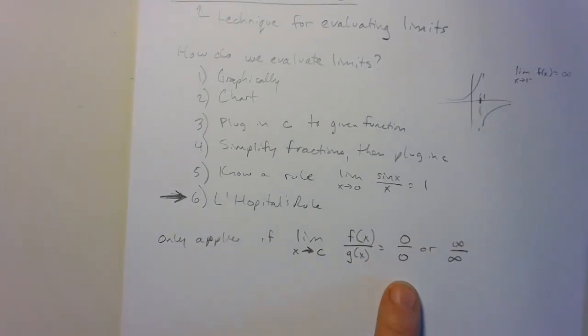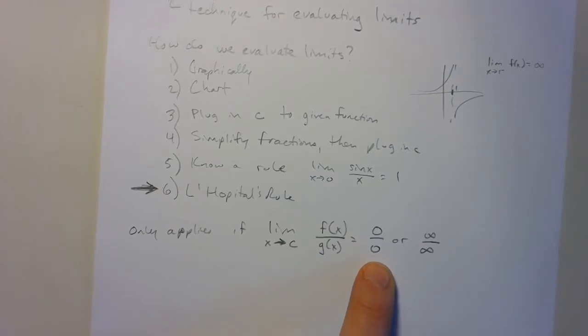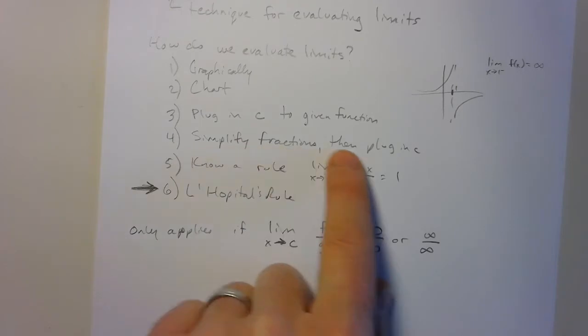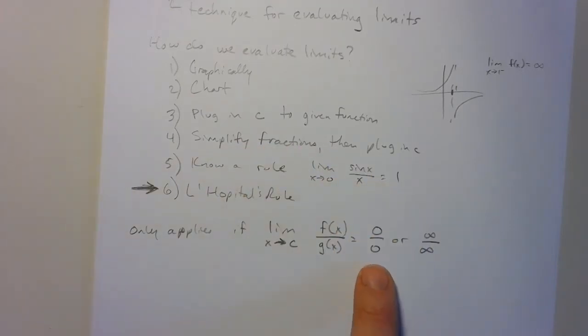You may or may not remember that with 0 over 0, we said that tells you something: it means you could simplify it. That's a lot of times when we simplified the fractions or knew a rule, because we had 0 over 0, which meant we were missing something there. Infinity over infinity is ambiguous, because just because they're both approaching infinity, we don't know how quickly they're approaching infinity, so we had lots of different answers.